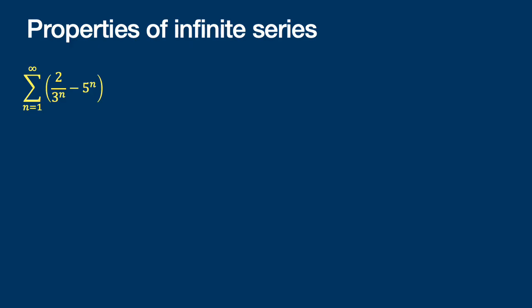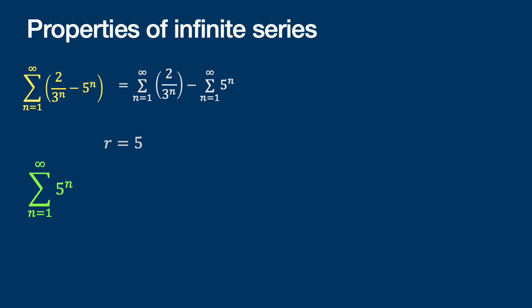Let's have another example. We have a difference of infinite series. You're going to separate this infinite series first, then find the sum of each. The first one is going to be a geometric series. The second is also a geometric series, but the ratio is going to be 5, which means the ratio is greater than 1.